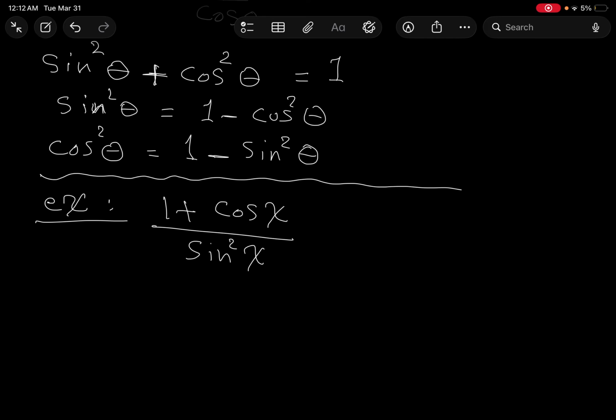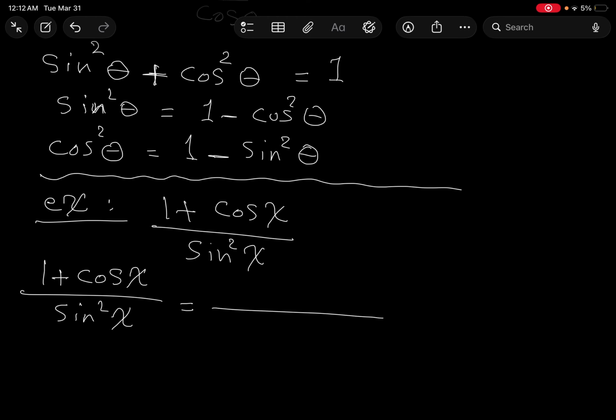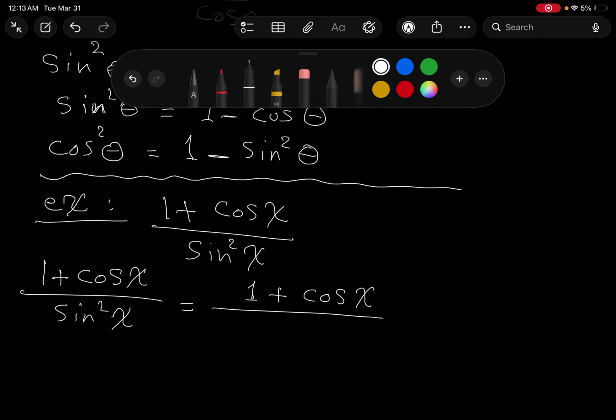Okay, trigonometric ratio. Let me write it down. 1 plus cosine x divided by sine squared x. Put it down because we don't have any formula about it. So sine squared x, we have it here, look at it.